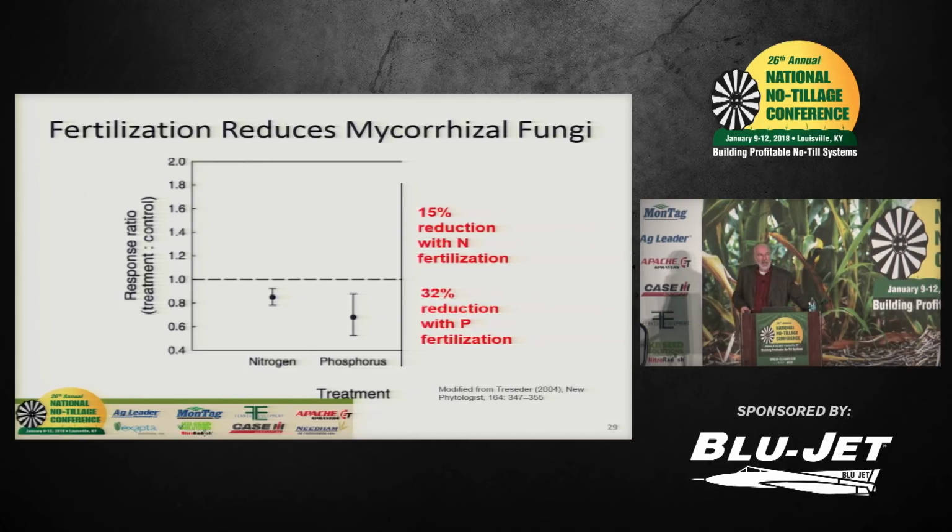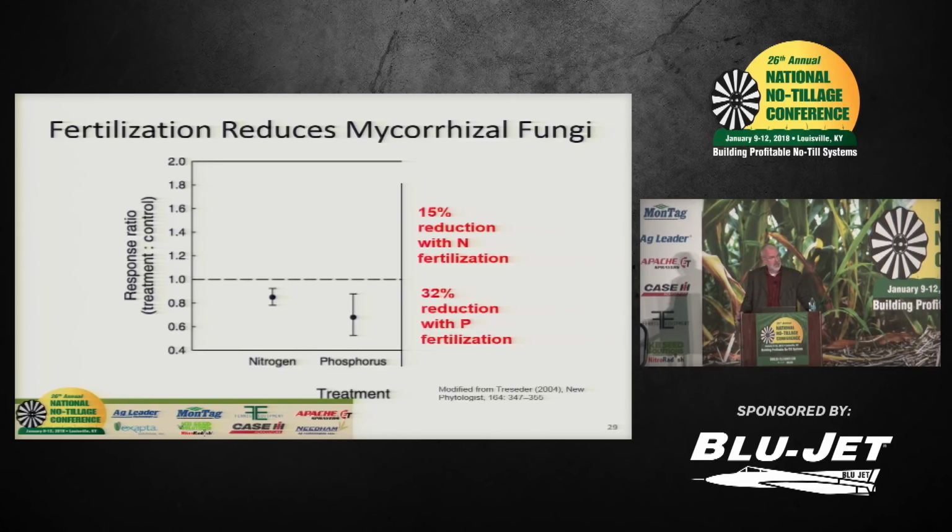Mycorrhizae fungi in agricultural systems are affected by fertilization. In this particular work, they applied nitrogen and phosphorus fertilizer, measured mycorrhizae associations before and after, and the nitrogen fertilizer reduced mycorrhizae associations with corn 15%. The nitrogen reduced associations 15%, and the phosphorus fertilizer reduced associations 32%.